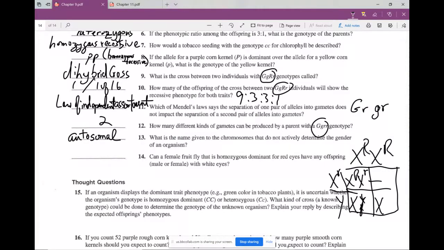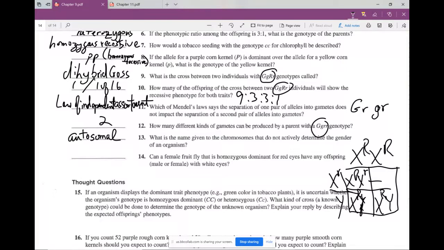Remember, the X chromosome that males inherit only comes from the mother. If the mother is dominant and only dominant, then even if the father has the recessive gene, the male offspring are also dominant. And because the female offspring have two copies of the X chromosome, they will also be phenotypically dominant.